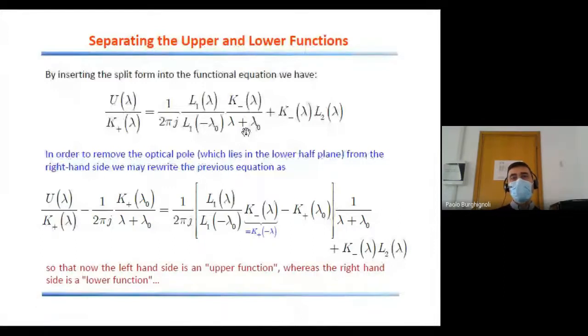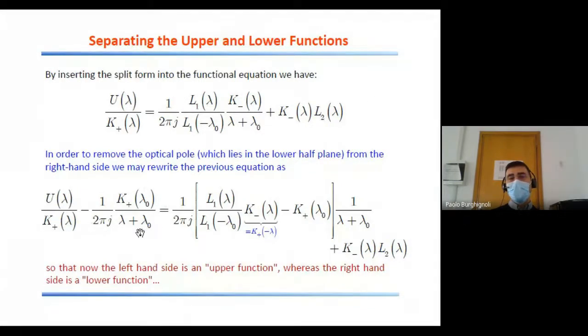So we need to remove it from the right-hand side. Sorry, it's upper, actually, not lower. And we should remove it from the right-hand side. We do that by subtracting from the right quantity a term that has the same pole.